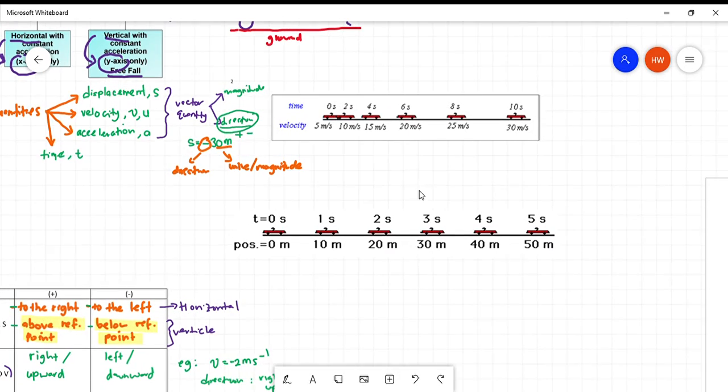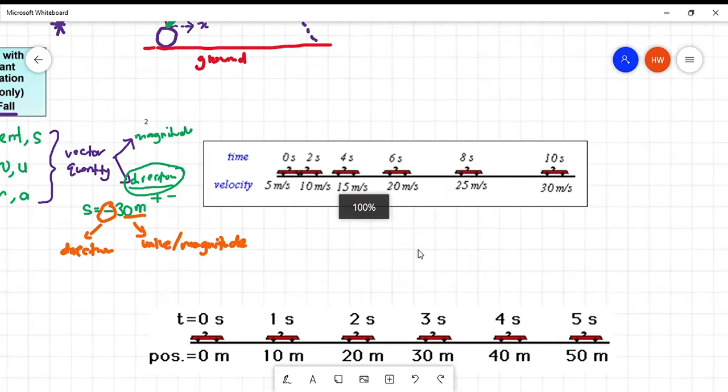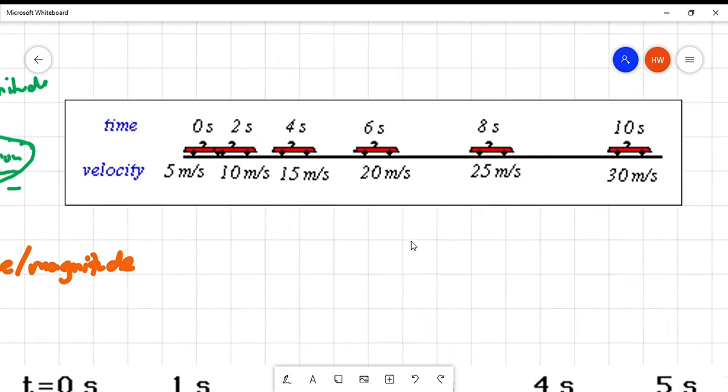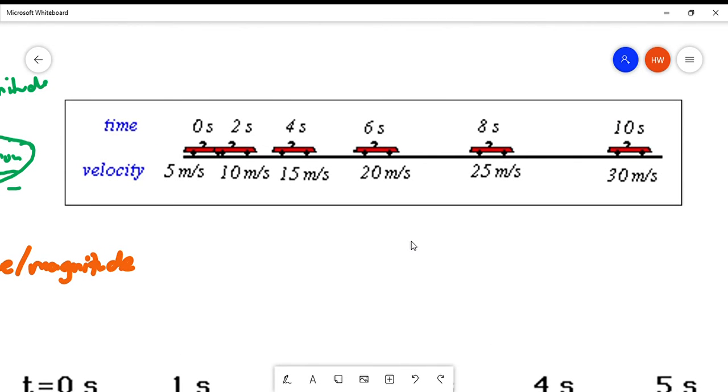Okay, kita tengok kat sini gambar ni, gambar ada kereta bergerak. Apa dia yang dimaksudkan dengan acceleration ialah, as you can see, in 0 second the velocity is 5. Another 2 seconds, the velocity now increases to 10. Another 4 seconds, 15, 20, next one 25, and then 30.